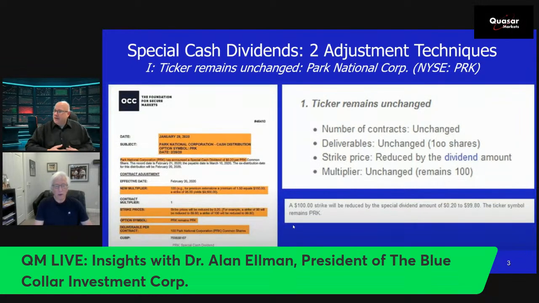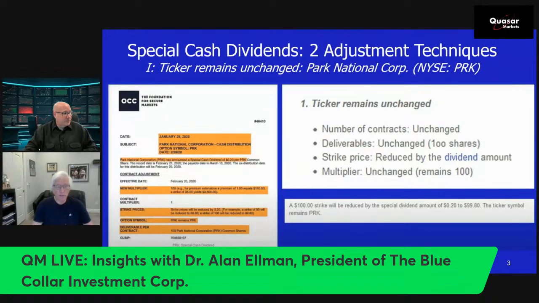Okay, all right. So I'm going to show your viewers now 2 examples of the several different ways the OCC may account for these corporate events that result in contract adjustments. The first one is where the ticker symbol doesn't change. This real life example is with Park National Corp, listed on the New York Stock Exchange under the ticker symbol PRK.